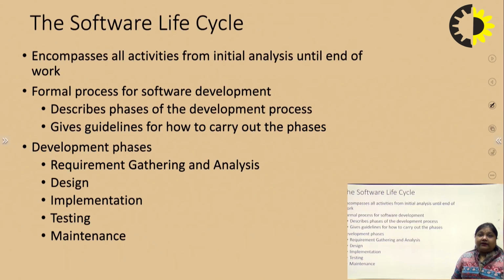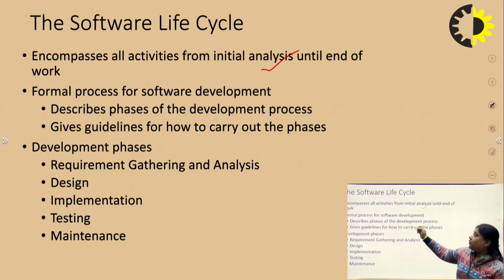So the software development life cycle covers all the activities from initial analysis until the end of the work. We have different phases which include the entire process of software development.